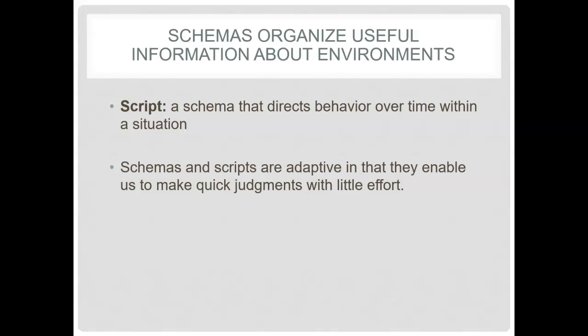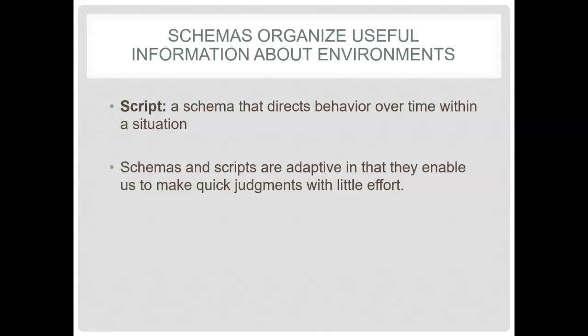And schemas and scripts are adaptive in that they enable us to make quick judgments with little effort. So all day long we're running into objects, things, people, and our brain has to categorize information so that we can manipulate that information as needed.